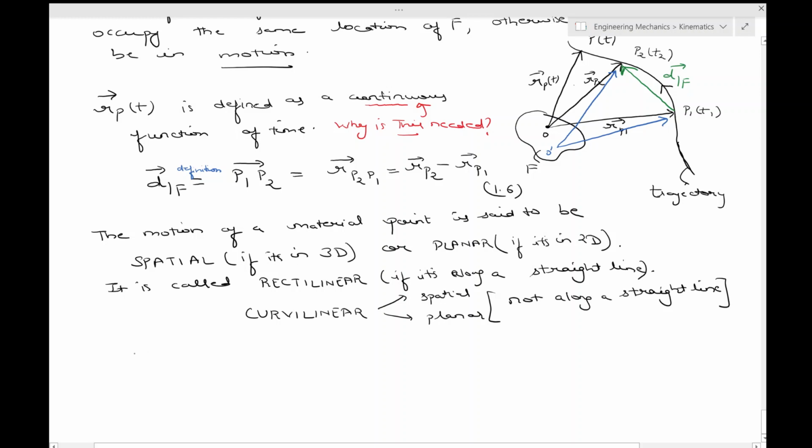One example of spatial curvilinear motion is a nut being tightened on a bolt.